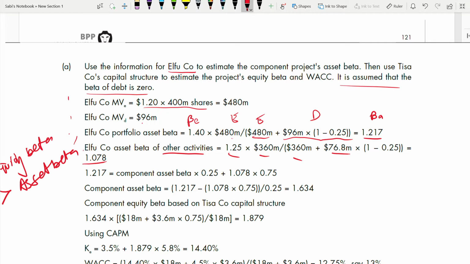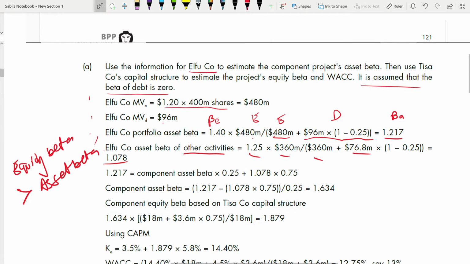I'm not saying that you will be correct 100%. Why? Because you can make arithmetical mistakes, right? Calculation mistakes you can make. Your number might be wrong. That's okay. There you can lose marks, okay? But the thing I'm trying to say is, let's say now your asset beta is 1.8 and equity beta is 1.4. 100% it's wrong. Something is wrong there.